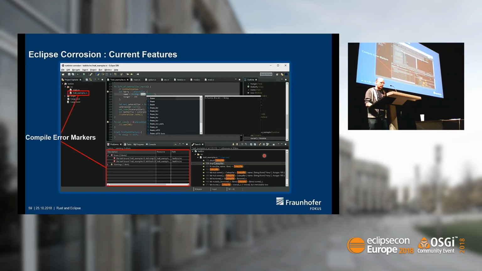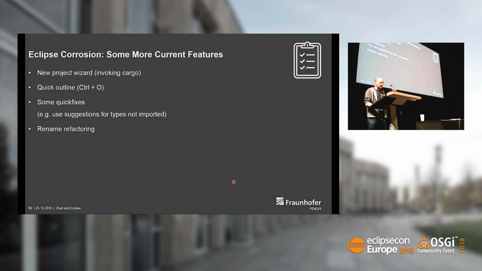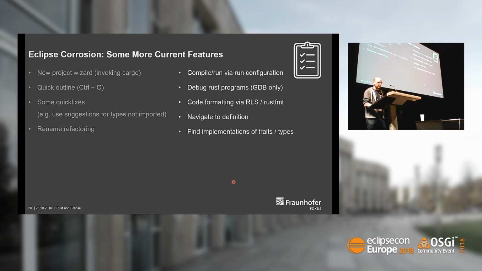All right, so what are a couple of current features? Compile error markers, also in the editor, but that is now hidden by the code completion, syntax coloring, code completion, find references, an outline view, and even more things like new project wizard, quick outline, quick fixes, rename, refactoring, the basic things that you would expect from an IDE, basically, right?